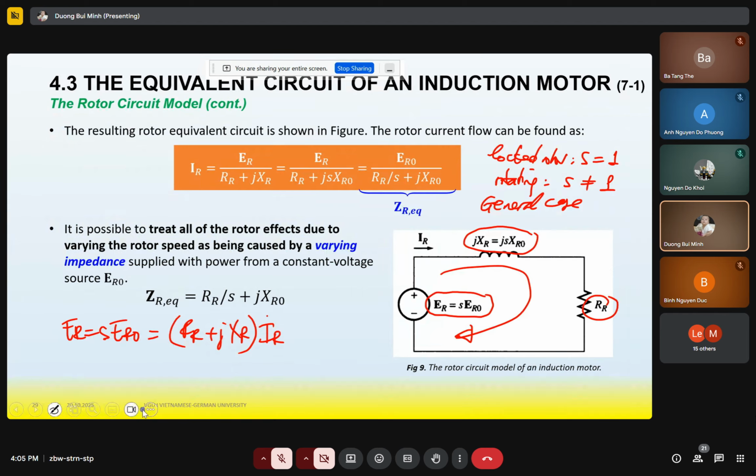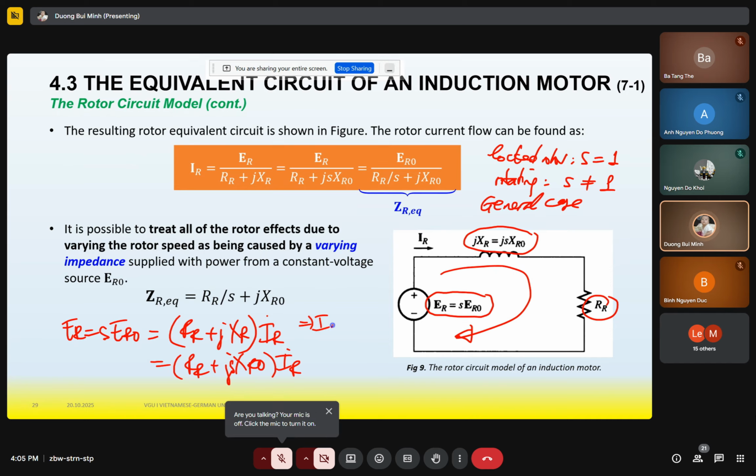We know RR and XR equals S times XI0, times IR. So here you can get IR.